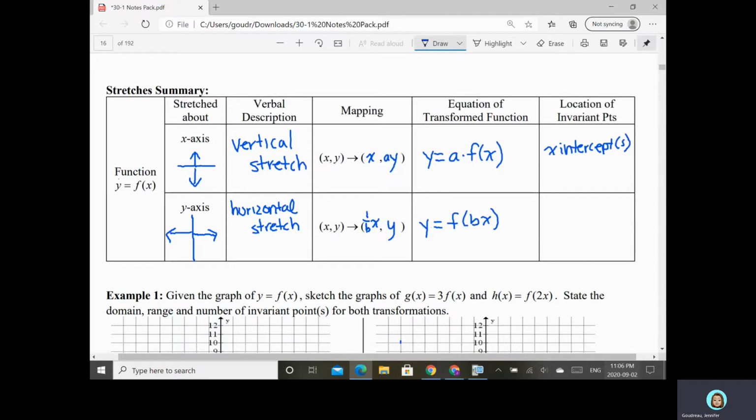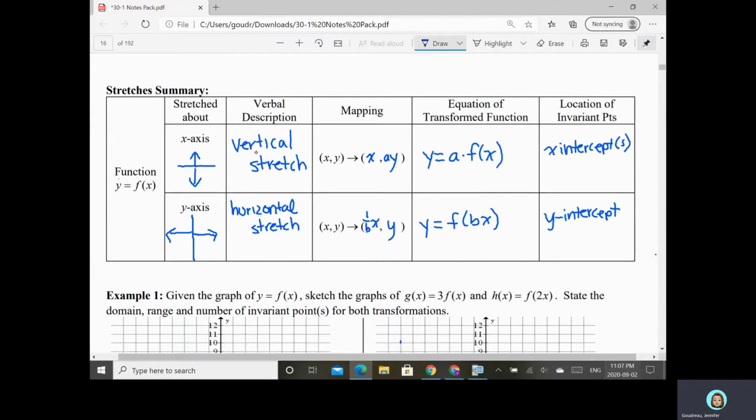And again, because we are stretching about the y-axis, anything that lies on the y-axis will not get stretched. So our invariant points, if we are doing just a horizontal stretch, will be the y-intercept. We will not have invariant points if we do a stretch in both directions.